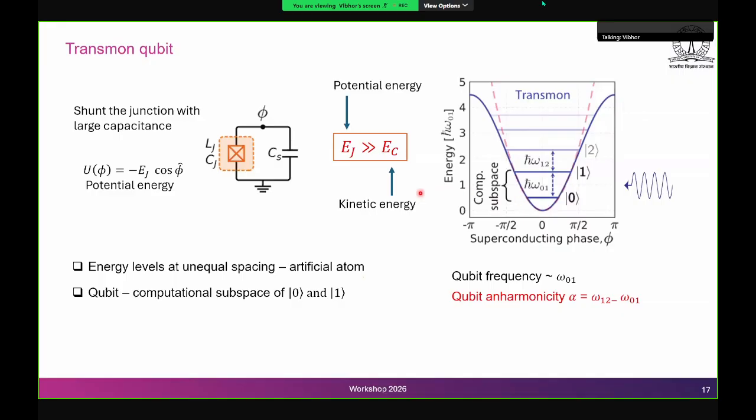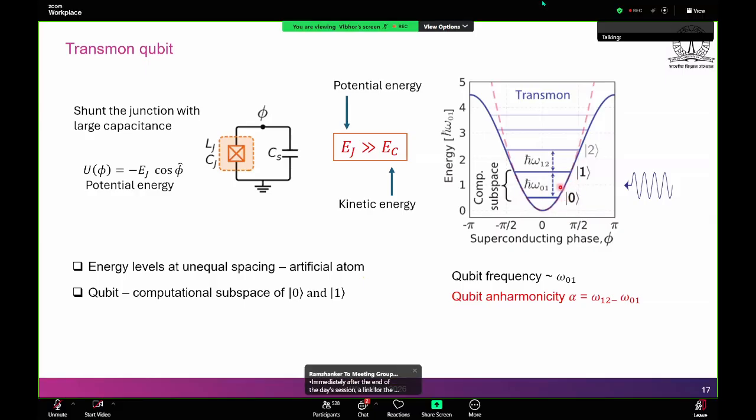If I write down the total energy, there'll be a kinetic energy term minus a nonlinear energy term, which is minus Ej cosine phi. That nonlinearity creates these levels in such a way that they are not equally spaced. Now, if they are not equally spaced, I can again make my approximation that the lowest two energy states are the qubit states, and we can truncate there. That's the qubit subspace.